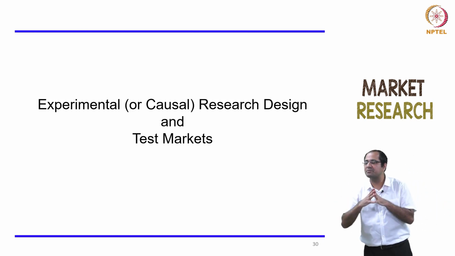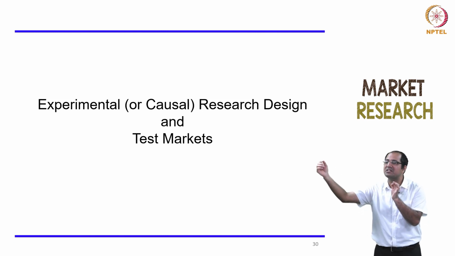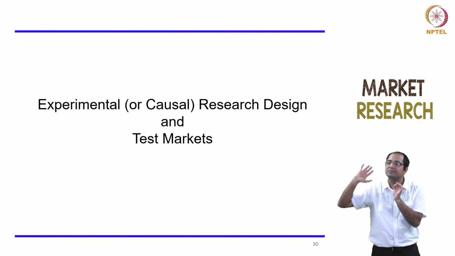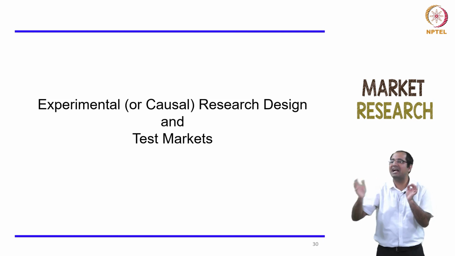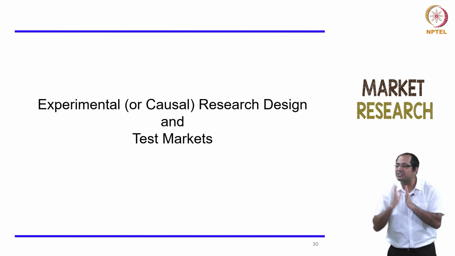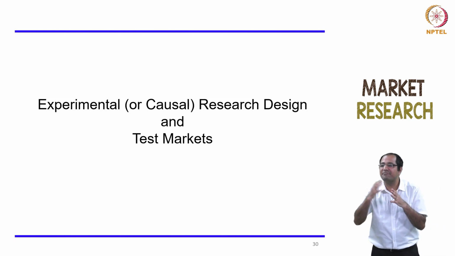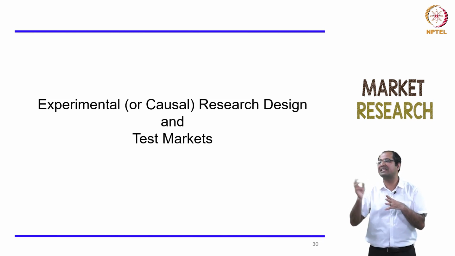Cause and effect relationships. For example, an increase in price results in a decrease in sales. Likewise, you can make many hypotheses and then you will have to conduct an experiment. For cause and effect relationships to happen, there are three conditions.